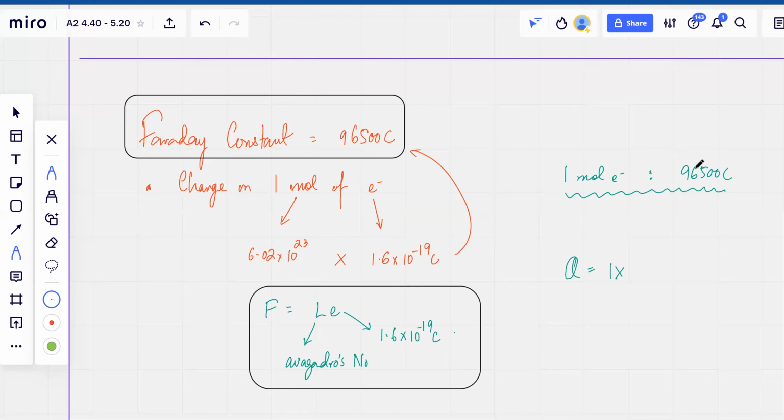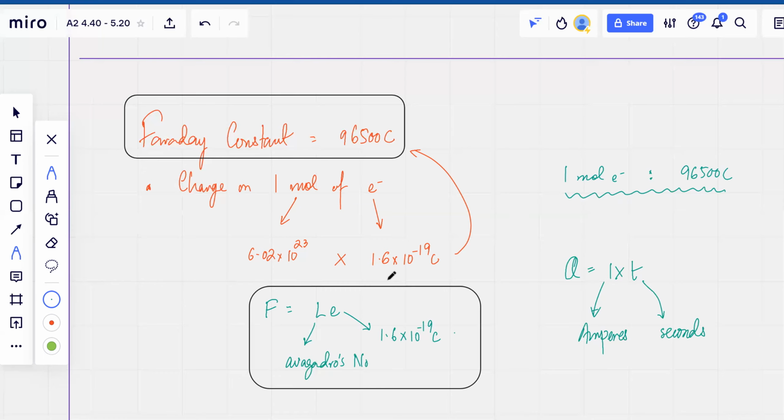It's a way of measuring how much charge is flowing through a circuit. I is in amperes and t is in seconds. Most of the questions are going to be very straightforward.